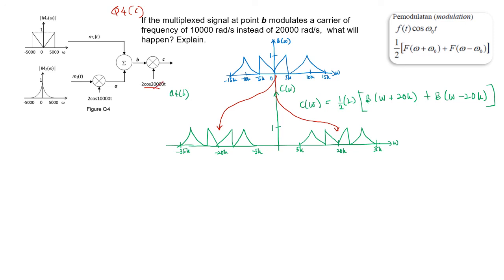So now what happens in this question for C? If this frequency is now 10k only, 2 cos 10kt, what will happen?